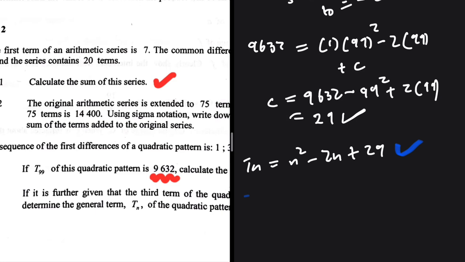So let's substitute 99: 99 squared minus 2 multiplied by 99 plus 27 gives us 9630. That is because I said 27 instead of 29. Let me put 29 in my calculator: 9632. So T99 is correct. I'm quite confident that Tn as a whole is also correct. There we go. We've done question 1, we've done question 2.